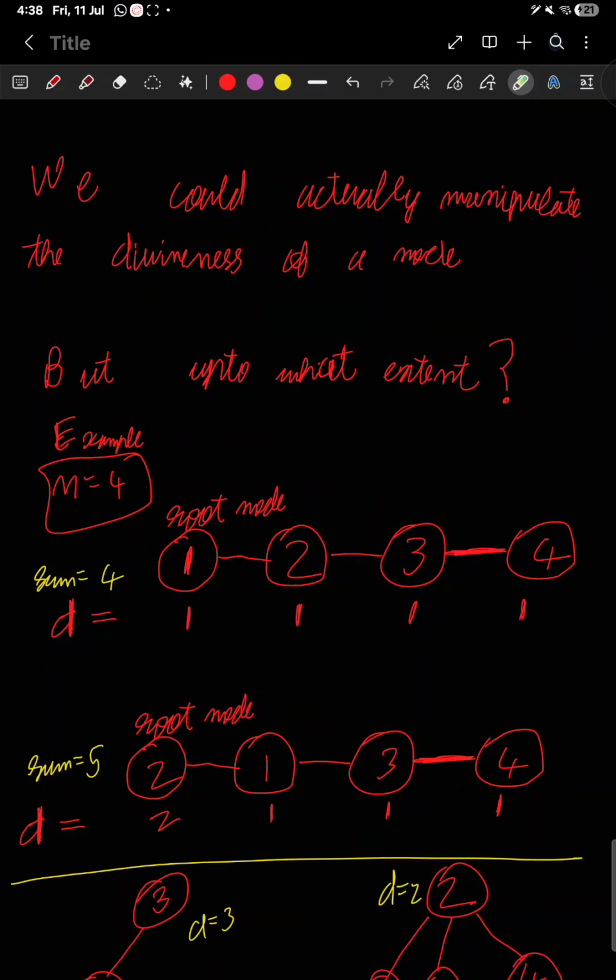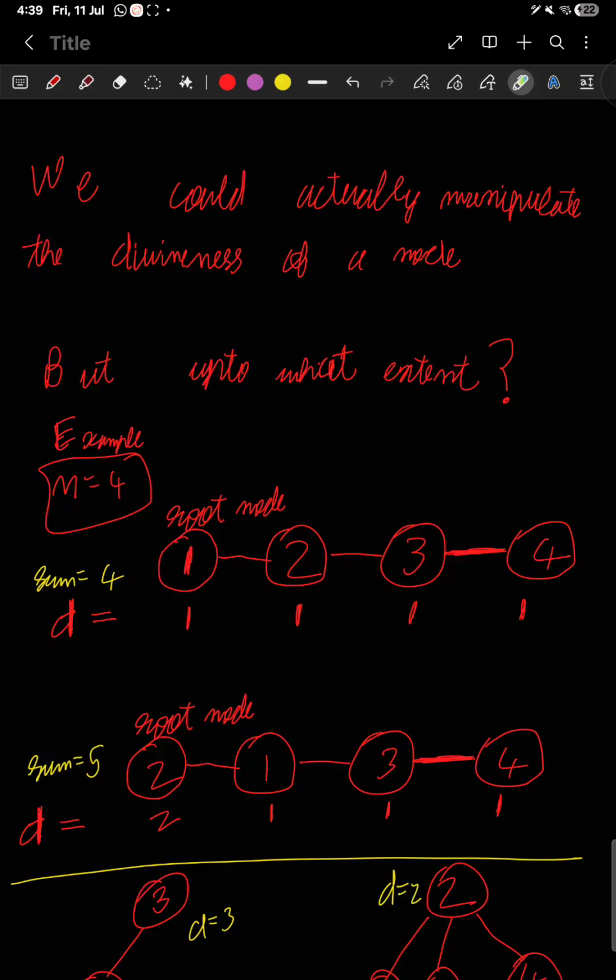Now we could easily predict the minimum and maximum values of the sum of divineness that we could make. The minimum value would be when all of these numbers are 1, and the maximum value would be when all of these nodes have their maximum divineness. In the case of 1 it is 1, in the case of 2 it is 2, in the case of 3 it is 3, and in the case of 4 it is 4.